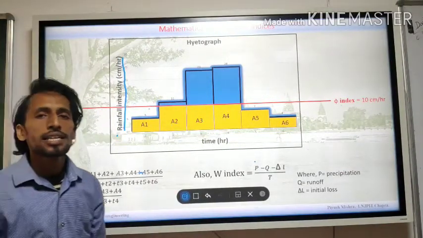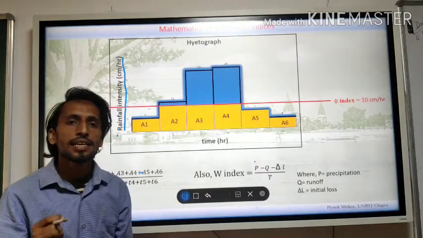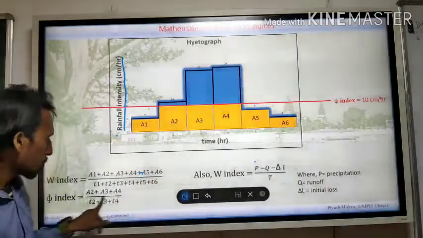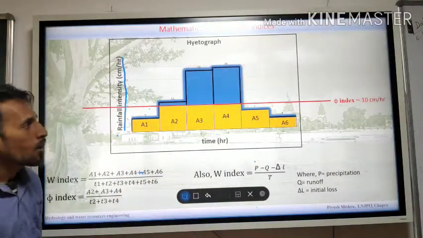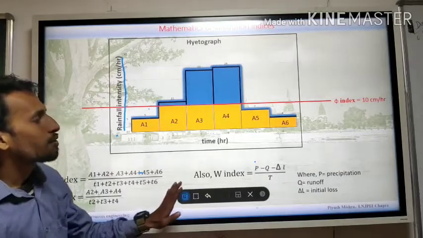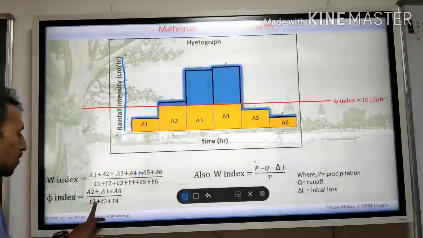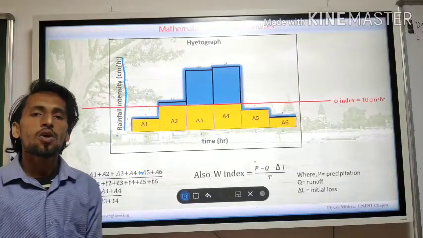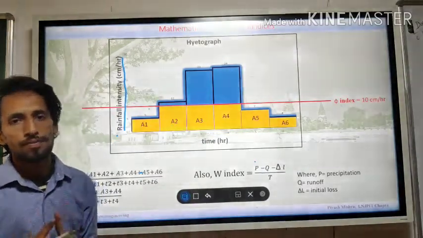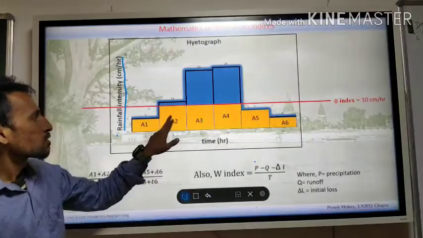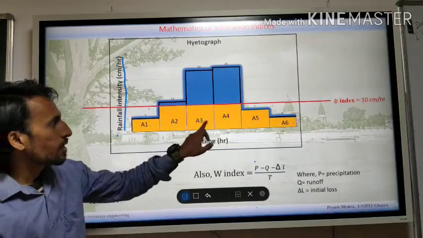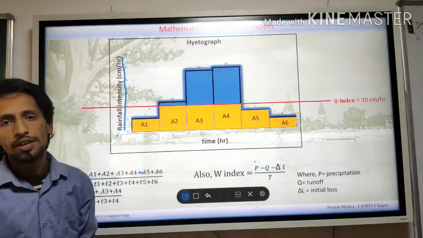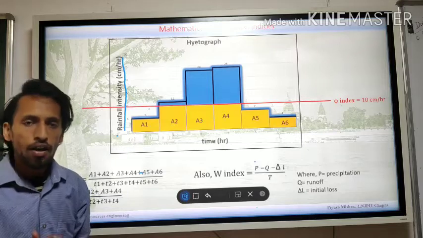But if you are interested in calculating the maximum rate, not the average rate, you have to take only those areas which are creating or generating runoff. So you have to take this one and this one, because these three values are creating your runoff.